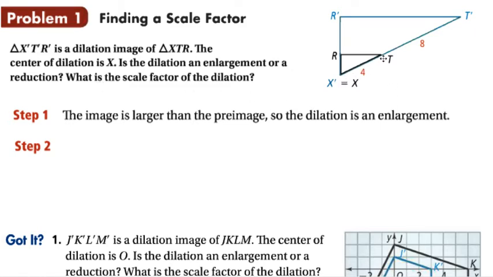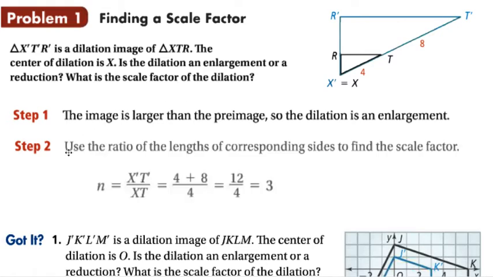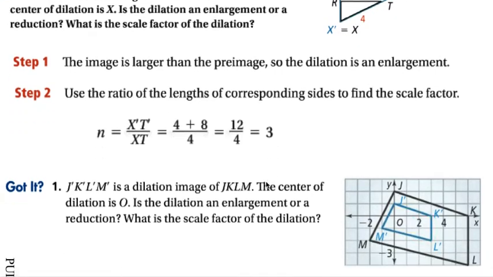Well, we know that this side, XT, is 4. And it looks like the entire side is the sum of 4 plus 8, which is 12. So we're going to take 12 divided by 4. Remember, the image is on top, and that gives us a scale factor of 3. When this number is bigger than 1, it is an enlargement. Okay? When it's smaller than 1, it's a reduction.